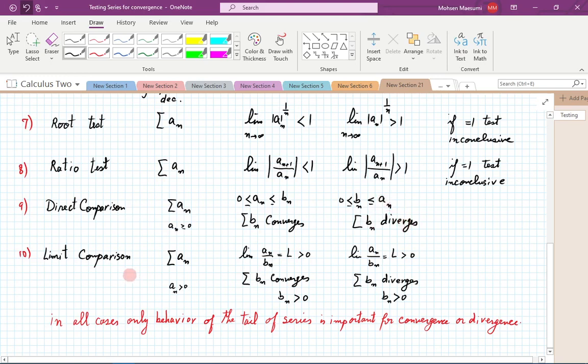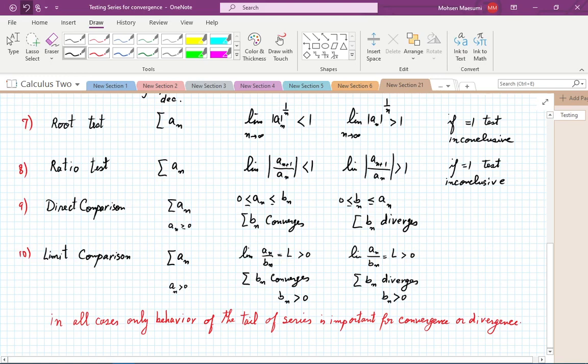We had also the limit comparison test. In the limit comparison, we were looking at a secondary series. Both of these have positive terms. If the ratio of the corresponding elements has a limit that's larger than 0, then if one converges, so does the other one. If one diverges, so does the other one. So the property of one goes to the other.